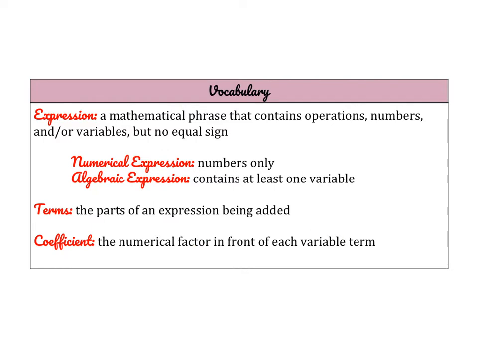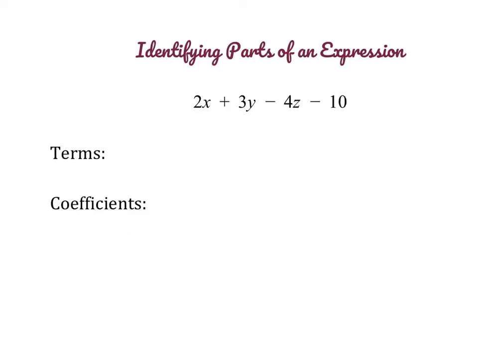So we're going to start by practicing identifying these different things. So let's look at this expression. 2x plus 3y minus 4z minus 10. So first we're going to identify the terms. So remember, the terms are the parts that are being added together. So if it helps you, you can actually rewrite it like this: 2x plus 3y, because maybe you're thinking, well, this one's not being added, it's being subtracted.